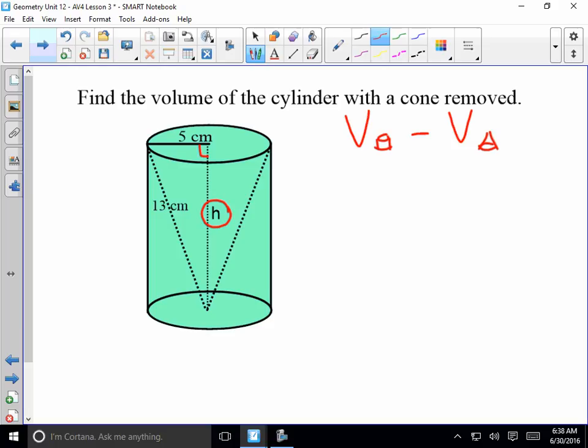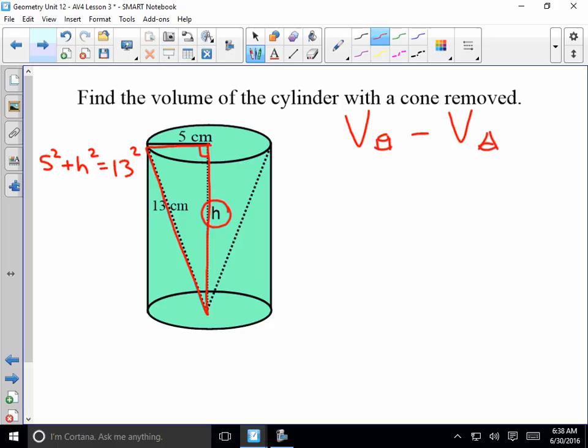So I'm going to work on the left side here. And since I have a right triangle, I can use the Pythagorean theorem, and I know that 5 squared plus h squared equals 13 squared.